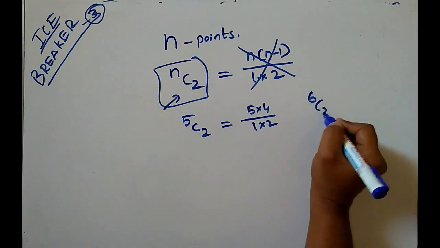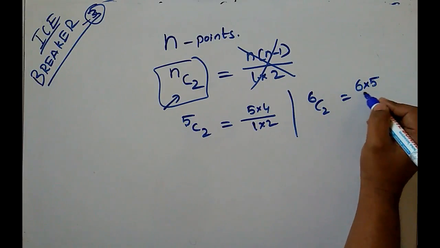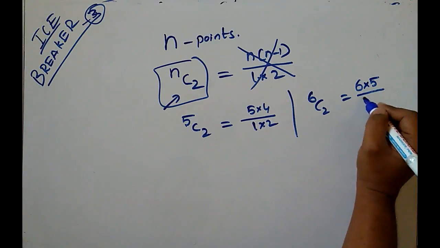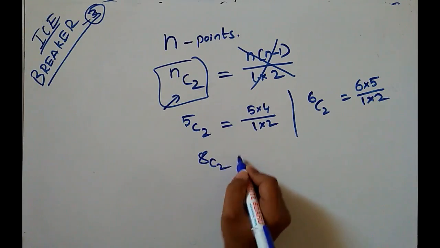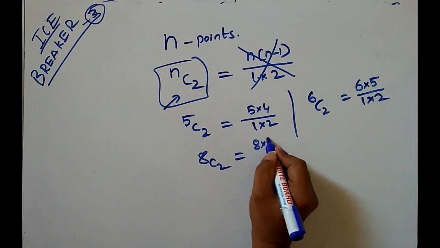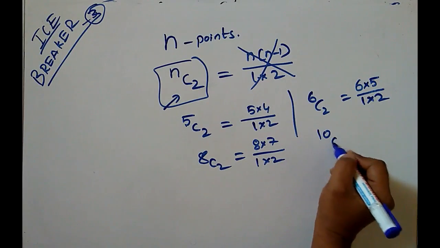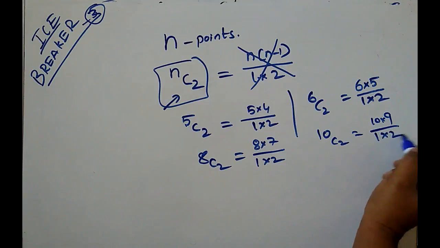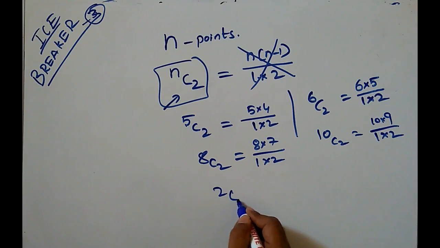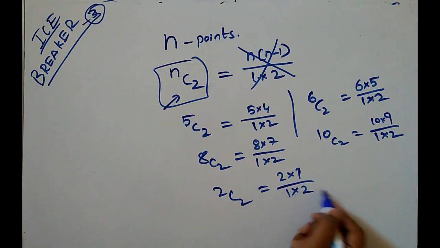If you have 6C2, 6 into 5 by 1 into 2. If you have 8C2, 8 into 7 by 1 into 2. If you have 10C2, 10 into 9 by 1 into 2. If you have 2C2, 2 into 1 by 1 into 2.